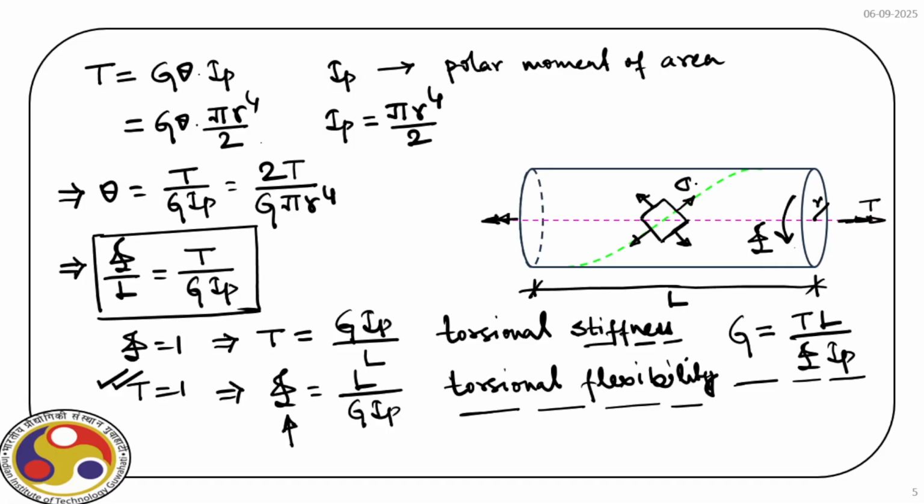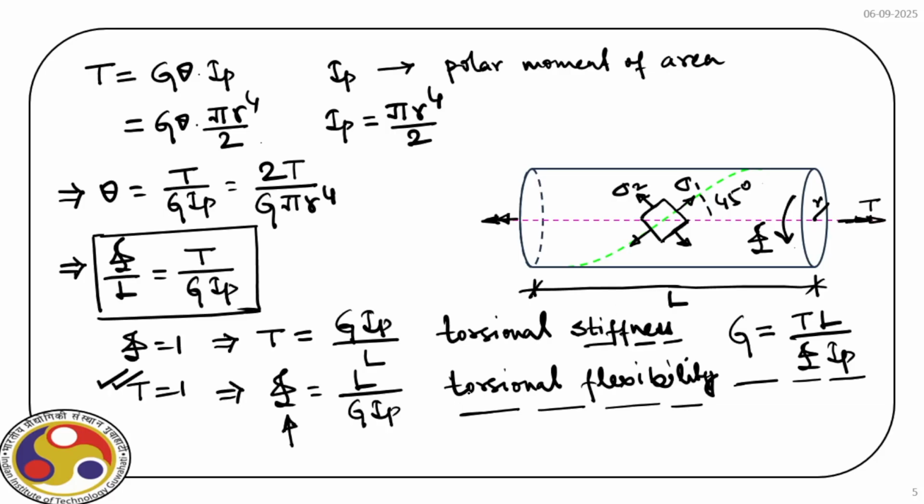So this is sigma 1 and sigma 2, and this angle also you can identify, this is 45 degrees, right? Okay.